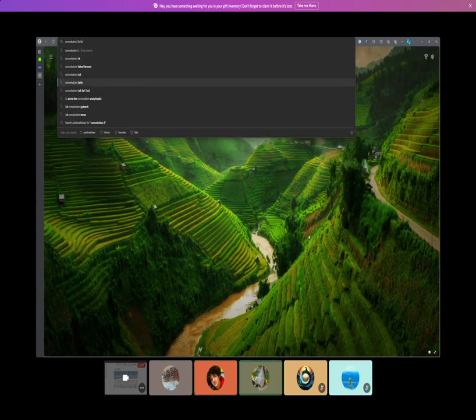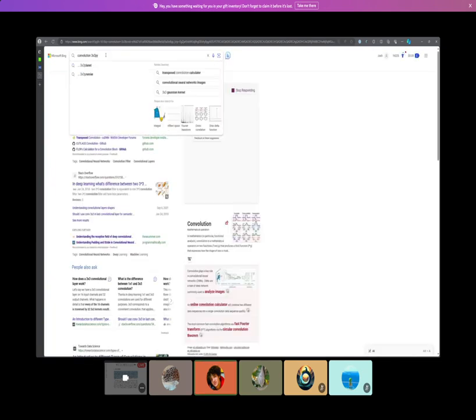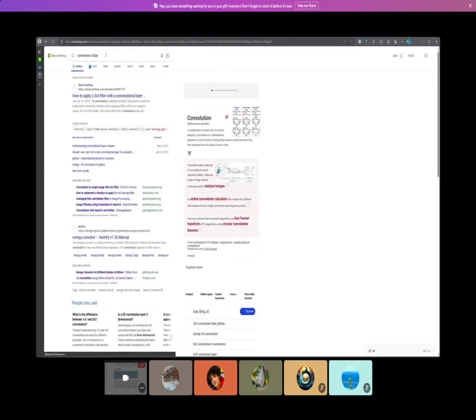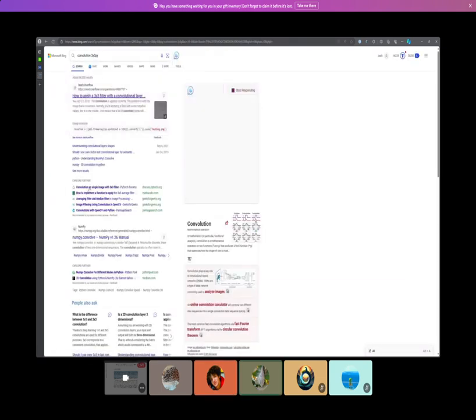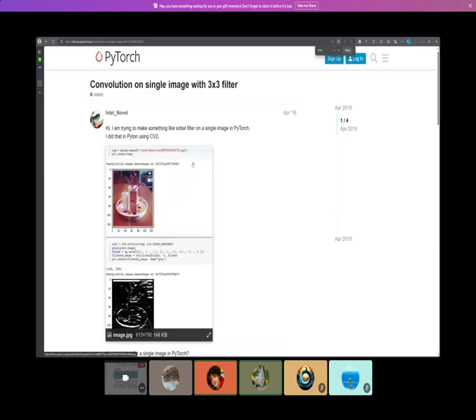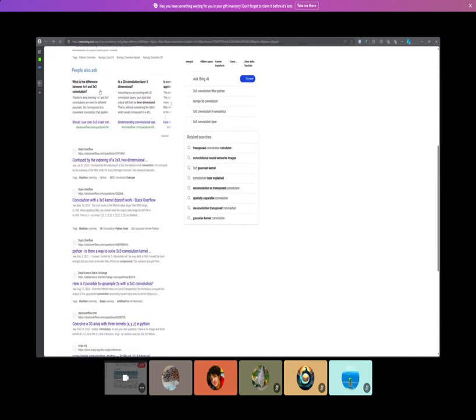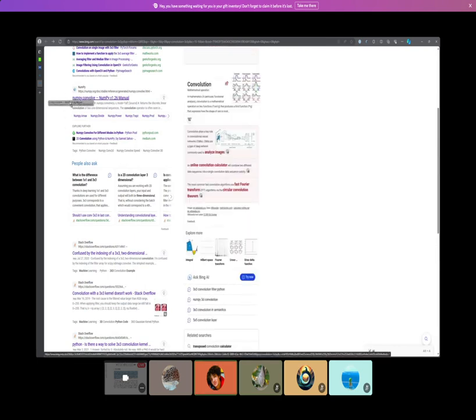A filter, which is a shape or matrix, is applied in a sliding window to detect features. Go to the documentation. This isn't the documentation, this is a discussion. Just look up PyTorch.